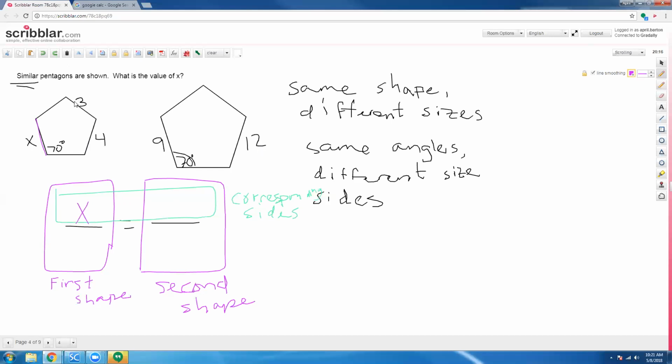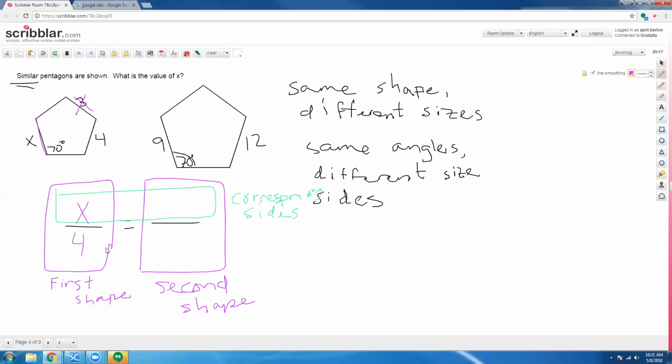So of the 3 and of the 4, which one also has a side labeled in the same spot? Should we use the 3 or should we use the 4? Good. We should use the 4. The 3 is kind of a red herring. It's extra information specifically to kind of confuse you. Gives you the extra stuff, but we don't actually need it.